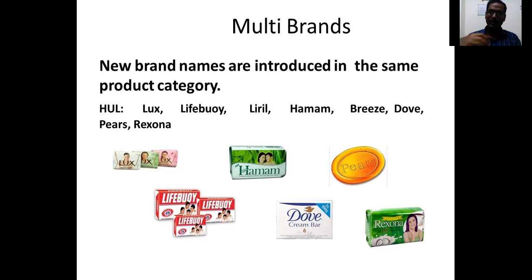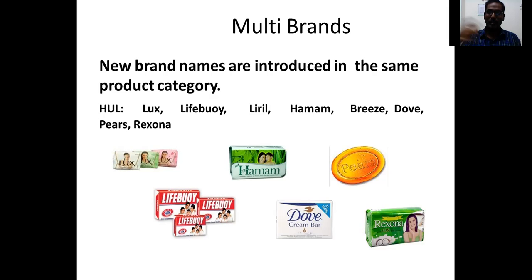If a particular person is looking for a soap that should provide moisturizer and not remove the moisturizer from the skin, then Hindustan Unilever will recommend Dove soap. If people are looking for natural things in their soap, with no chemicals, where coconut oil is very important, then they can go for Rexona.